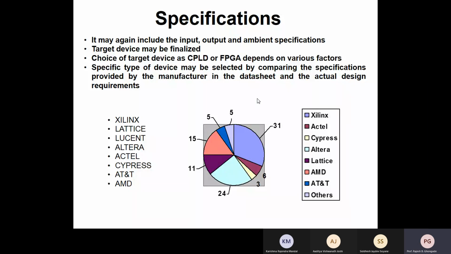The choice of target device as CPLD or FPGA depends on various factors. There are some pros and cons for FPGAs and CPLDs. We are going to see these in the last unit, where we discuss the actual hardware, the internal diagram of the hardware. A specific type of device may be selected by comparing specifications provided by the manufacturer in the datasheet with the actual design requirements.